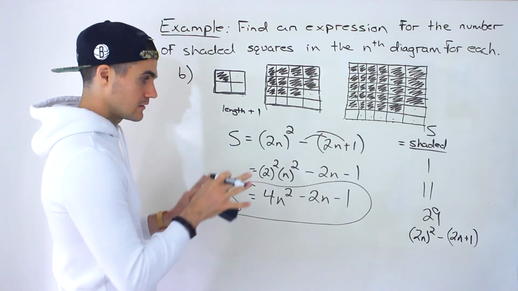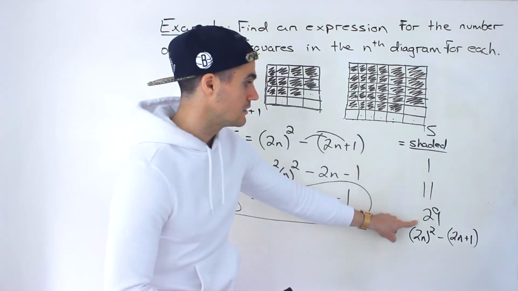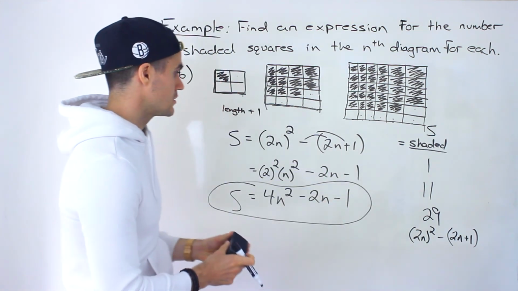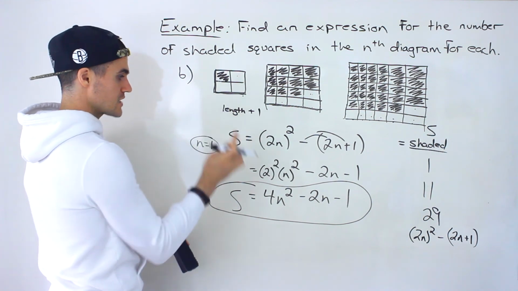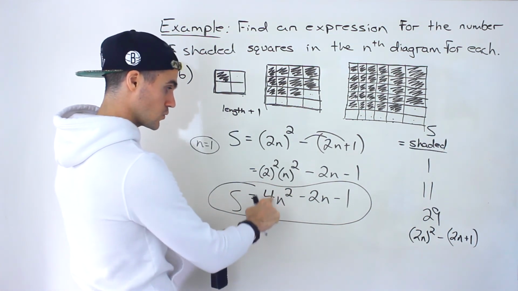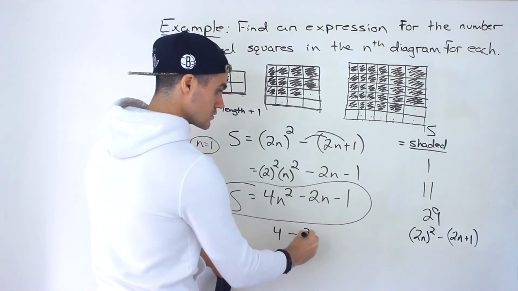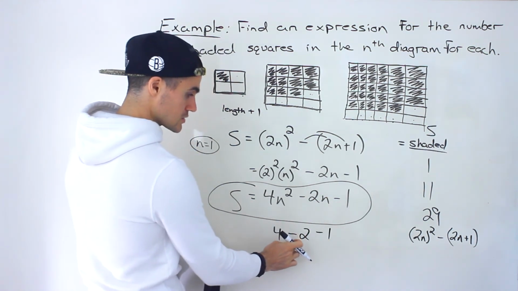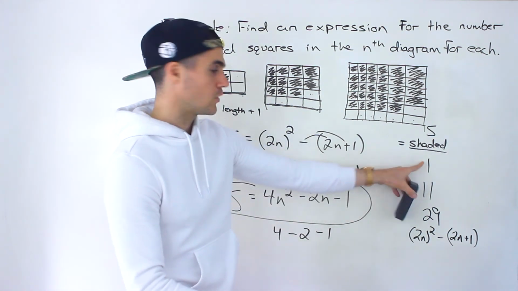And again, if you want to check this, notice I kept that shaded column over here. So let's say for n is 1, for this first diagram, if we plug in 1 for the n values, we'll have 1 to the power 2, which is 1, times 4 gives us 4. Minus 2 times 1 is 2, minus 1. So we'd have 4 minus 2 minus 1, which would give us this 1 over here.